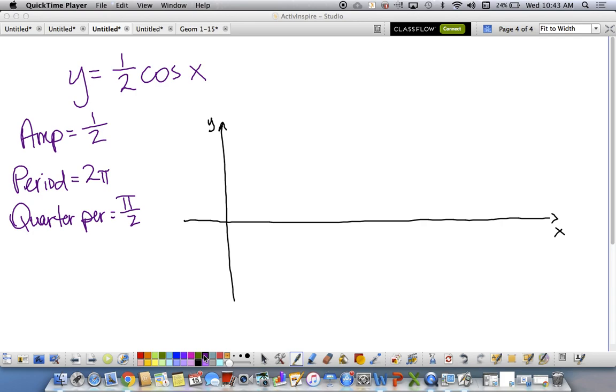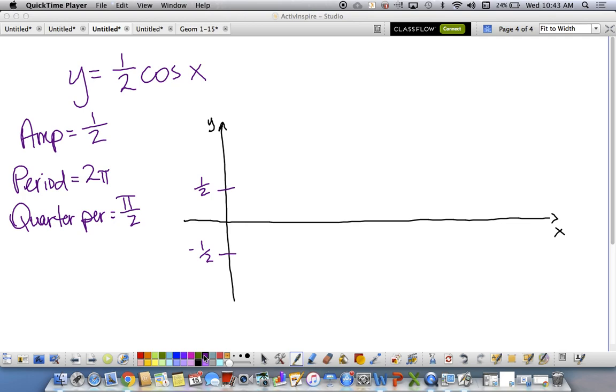How much are you going up? How much are you going down? 1/2. Now, granted, your 1/2 and your 3 shouldn't be at the exact same point, but it doesn't really matter. You label them. So we're going up to 1/2, we're going down to -1/2. That's your amplitude, it goes with the y-axis.